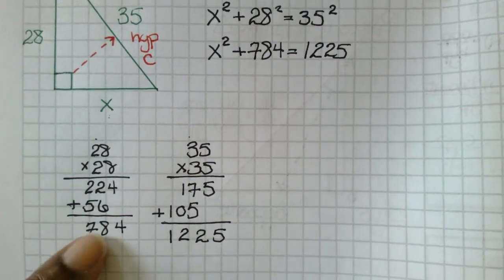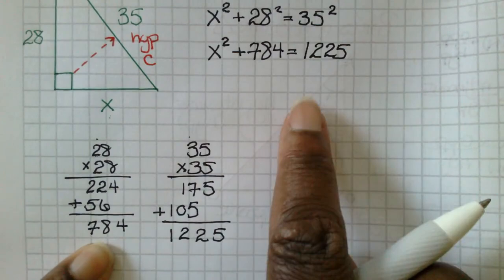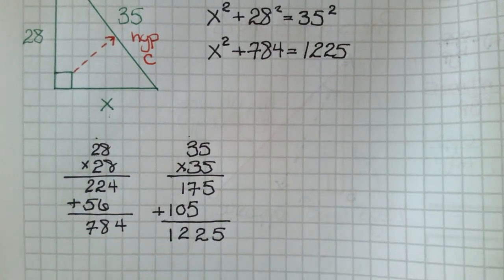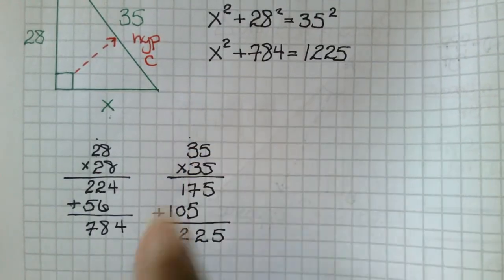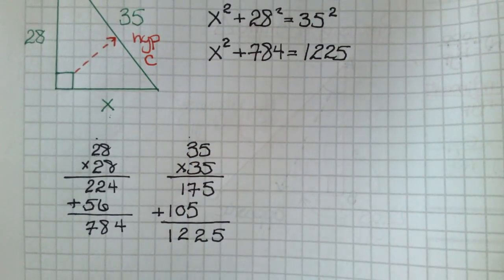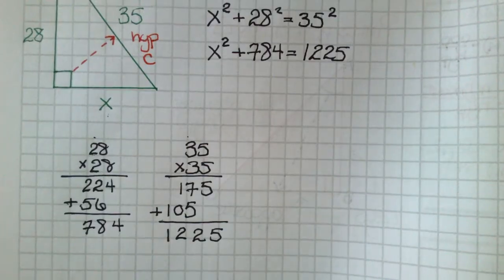So now that we've done this part, now we can focus back here. We want to get the x by itself. That's the ultimate goal when we're solving. So what do we have to do?